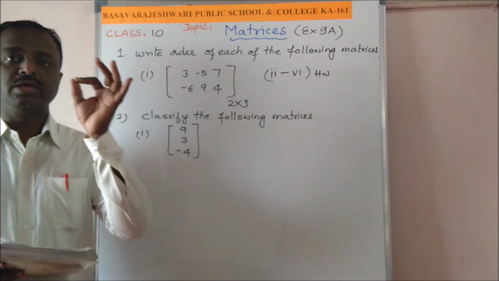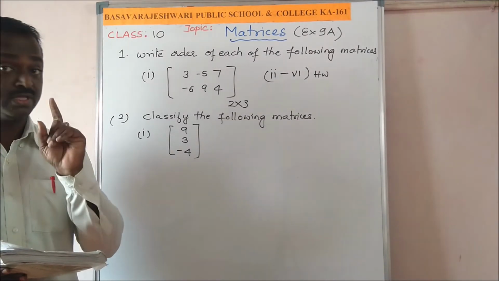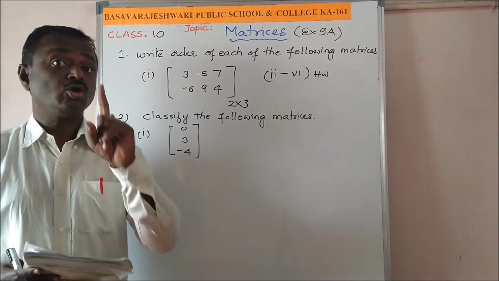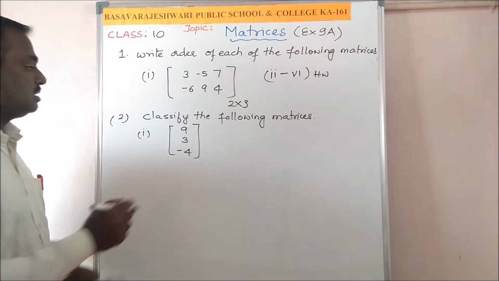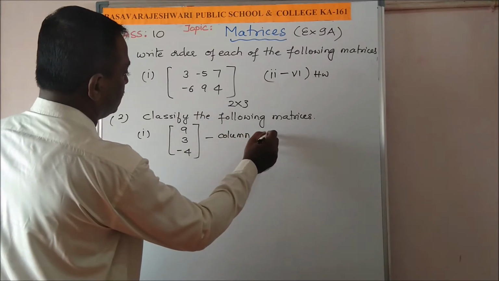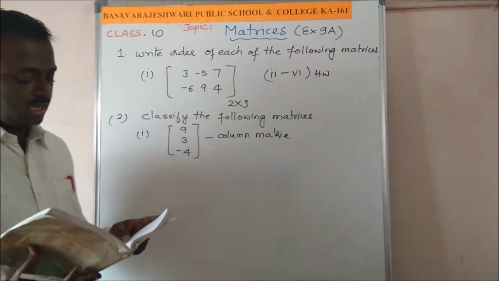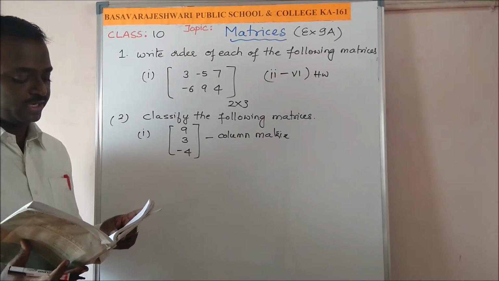So only one column is there. That means what type of matrix it is? Column matrix. You have to write like this: column matrix. I think you will do the second one.